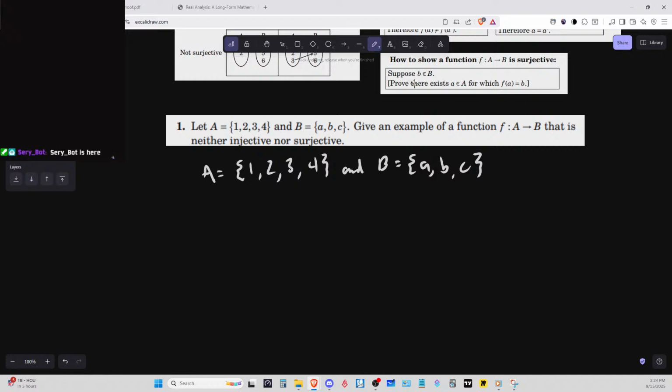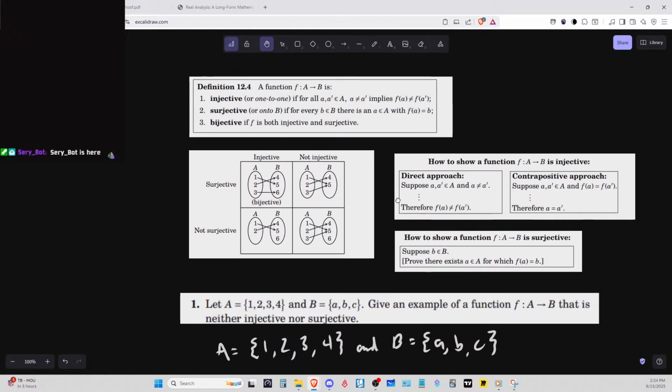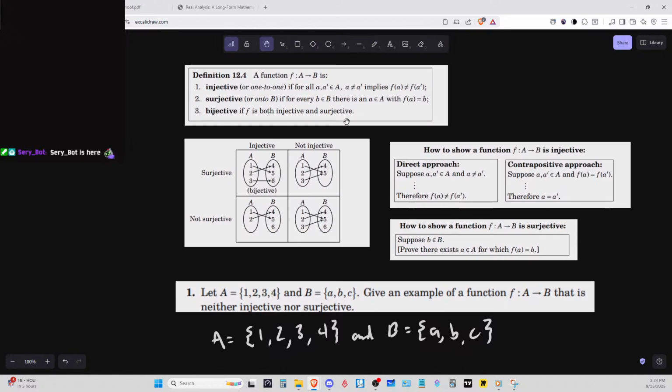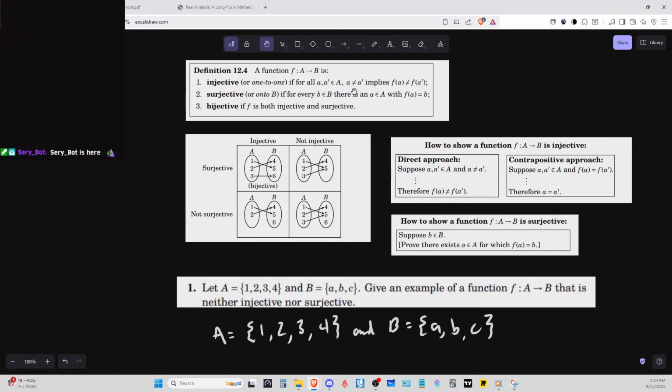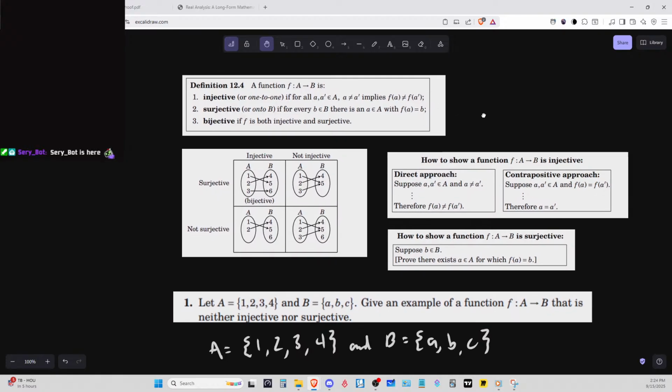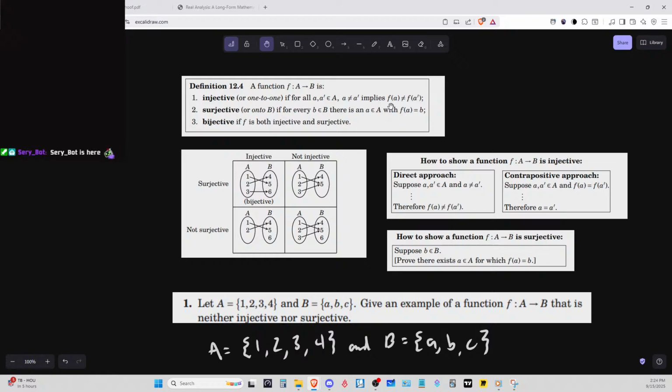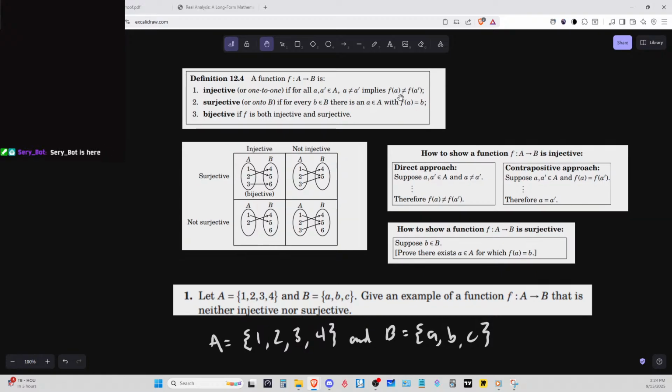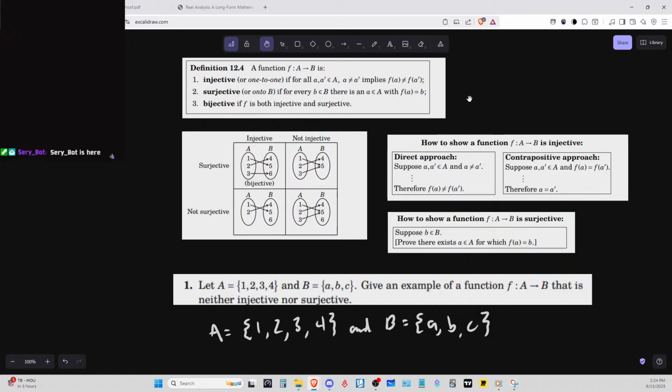So let's look at the definitions. For something to be injective, it has to be one-to-one: for a and a prime in A, a not equal to a prime implies that f of a is not equal to f of a prime.